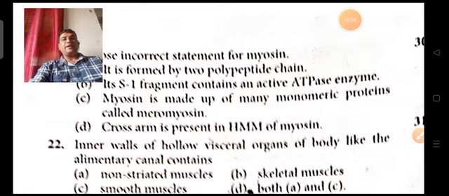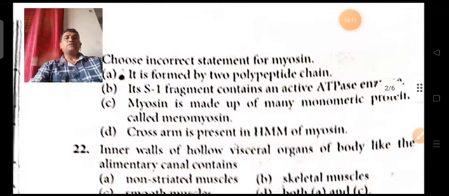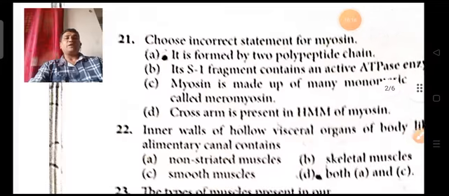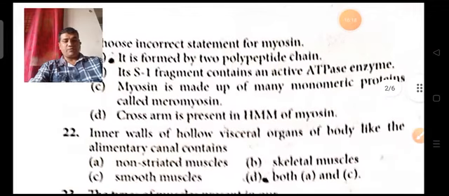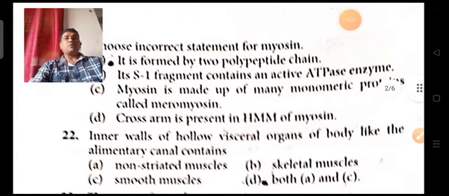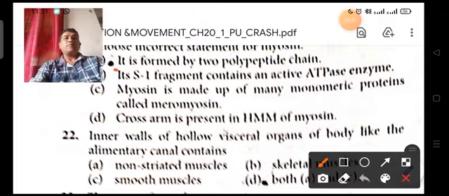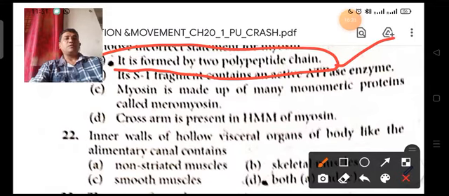So it is formed of six polypeptide chains, not two. So the first option is the incorrect option.